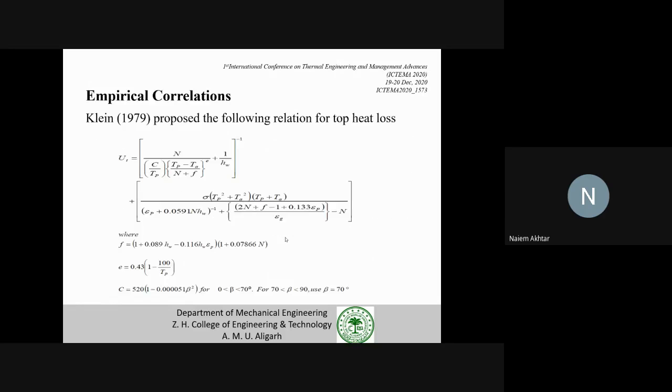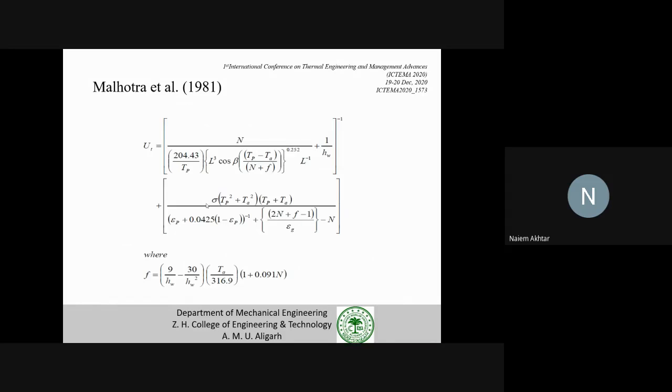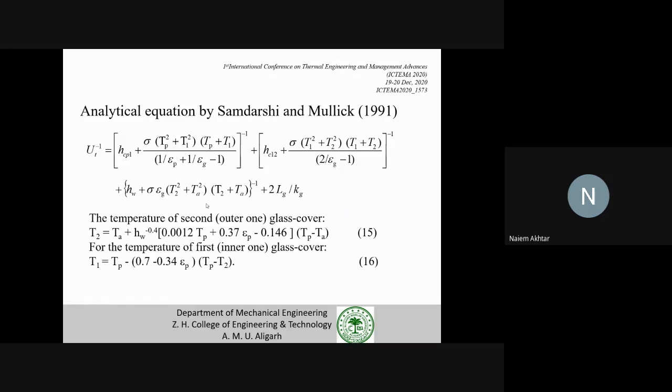Among the approximate relations available in the literature, there is a very old relation by Klein, from when no relation was available and it was very difficult to make a computer program. The first relation was due to Klein; it was pioneering work at that time. Another relation is by Agarwal and Larson, and then in 1981 another relation by Malhotra et al. Several relations are available.